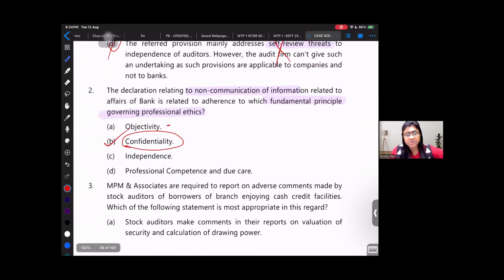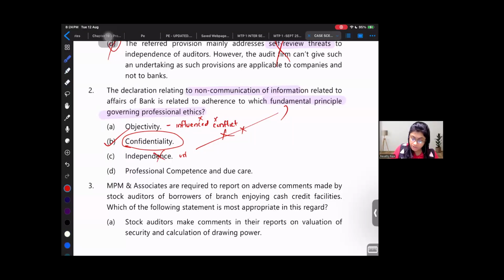What is objectivity? Objectivity means not to be influenced, not to be in conflict of interest. Independence is also kind of similar, but mind you, independence is not a fundamental principle. The fundamental principles are integrity, objectivity, confidentiality, professional behavior, professional competence and due care.